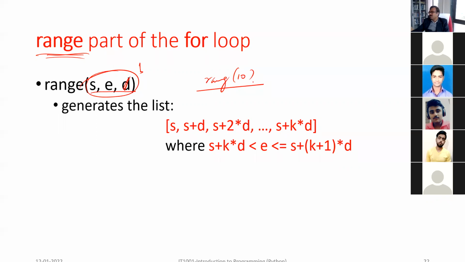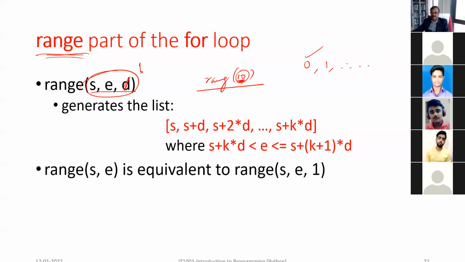So the initial value it will take as 0, and then it will go on as 1. When you give only one parameter, this will be the terminating value. By default it will start with 0, and the default increment is 1, and so on and so forth.